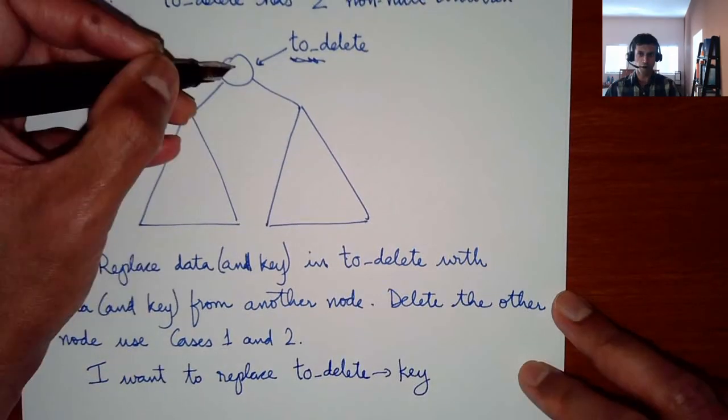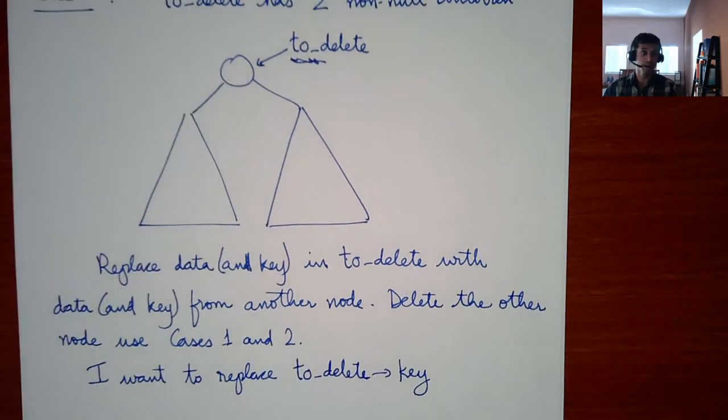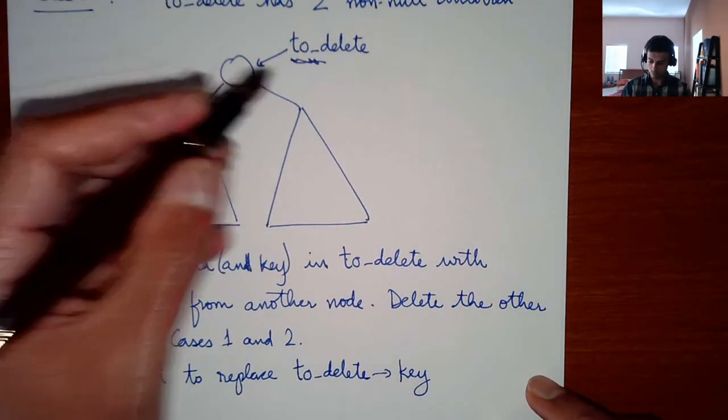Remember, this is just a pointer to a node, so I'm actually not going to delete that node. I'm only going to replace the contents of that node with the contents of another node and just delete the other node. Okay, so what should I replace this with? What should I replace it with? This one?